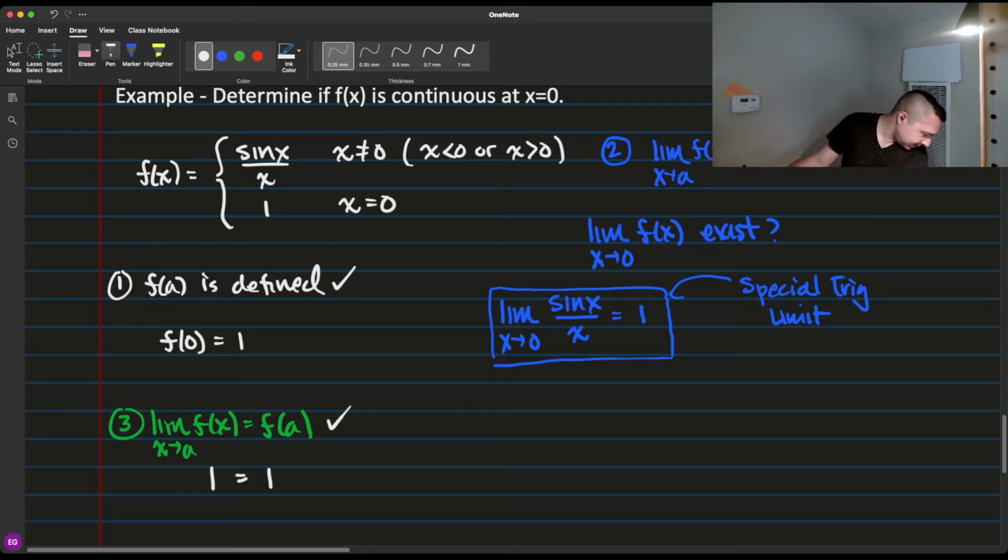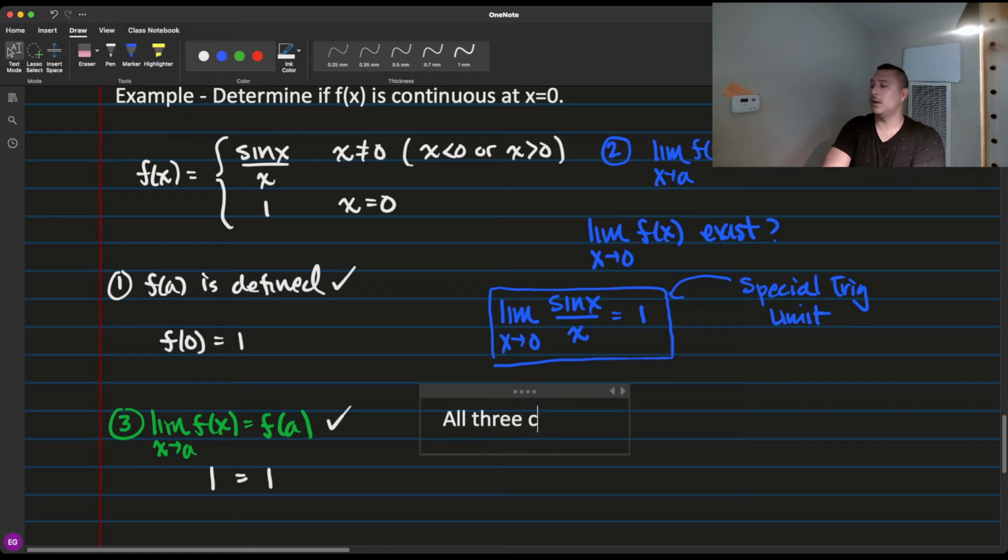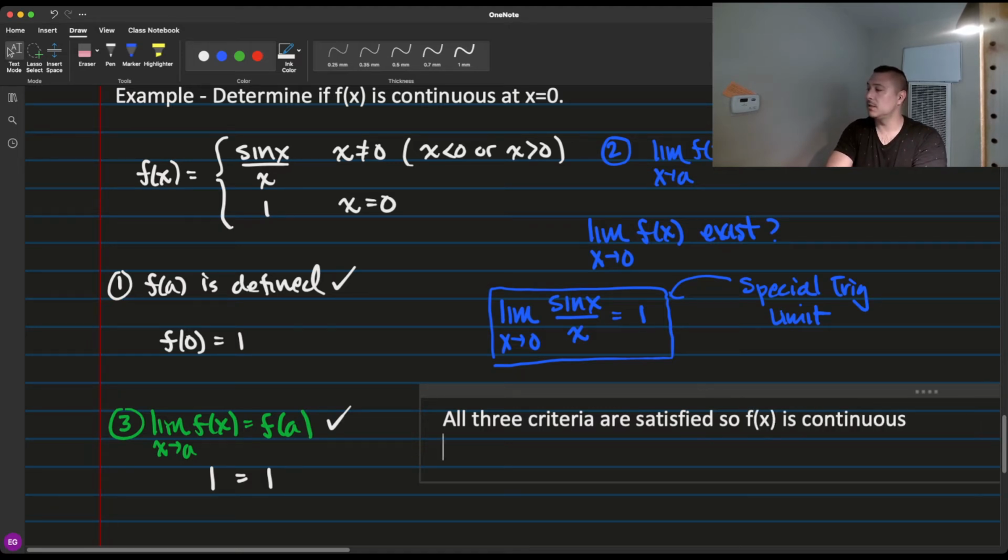All three criteria have been satisfied, so f of x is continuous at x equals 0. Boom.